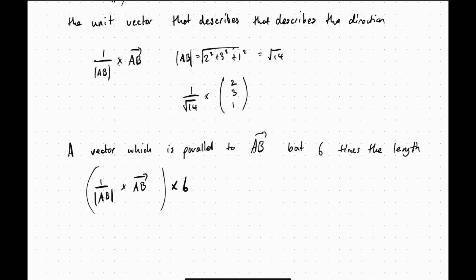So you take the unit vector, times it by 6. So in our case, it would be 6 over root 14 times 2, 3, 1.